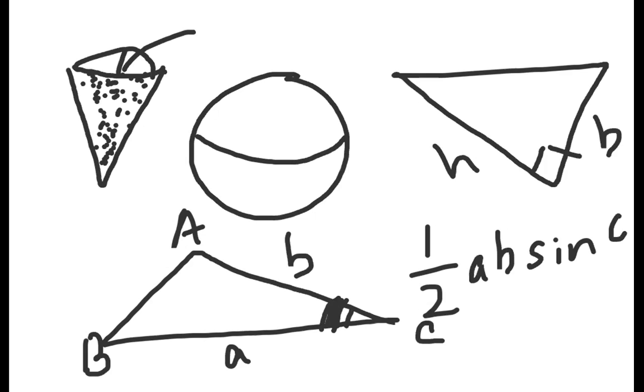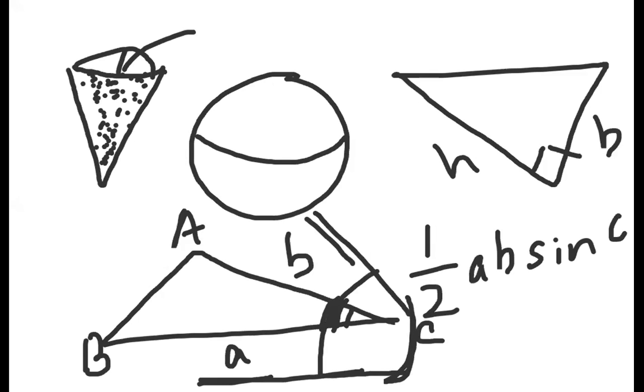Lagi satu ni yang senang nak cakap: you have two sides and then the angle in between the two sides. Boleh? Okay, so now let's go on to the next one.